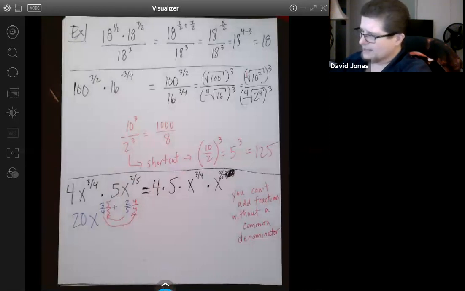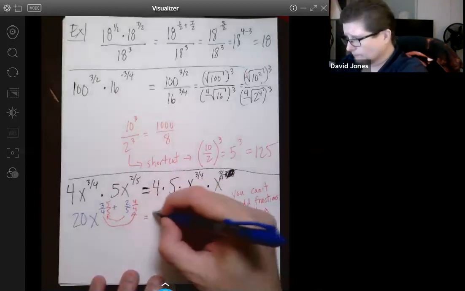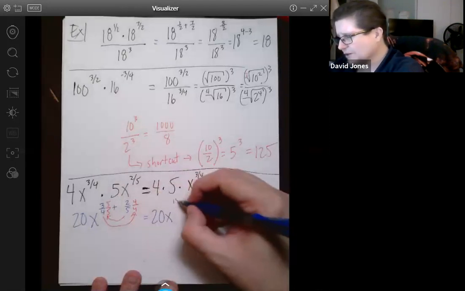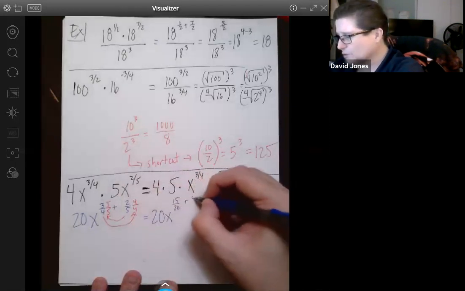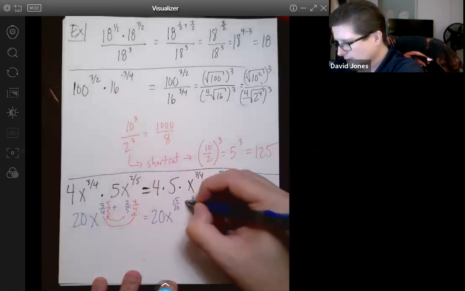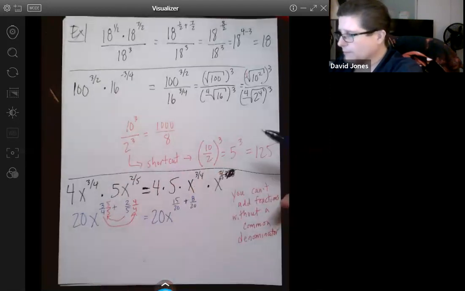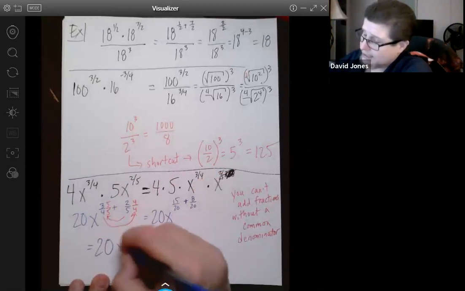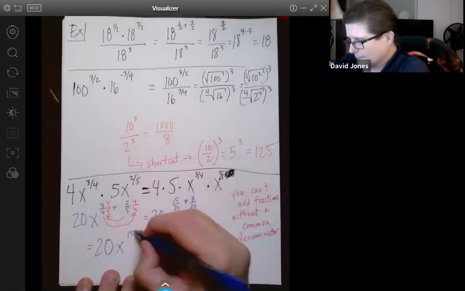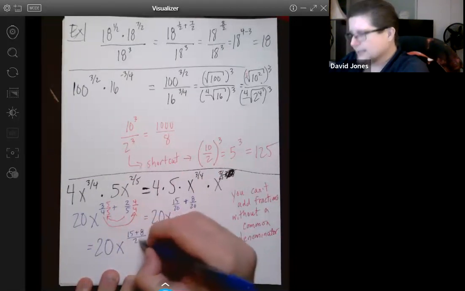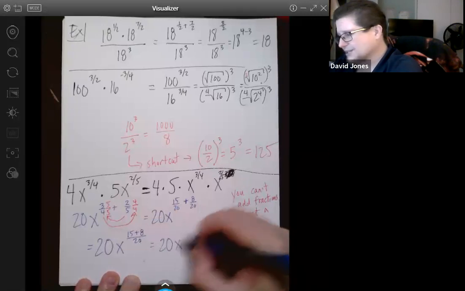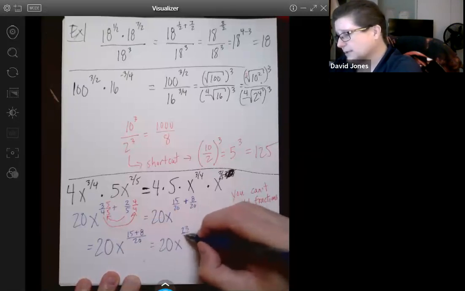And if I do that, I now have 15 over 20 plus 8 over 20, because when you multiply numerators and denominators separately. And now I can add them. 20x to the 15 plus 8 over 20 is 20x to the 23 over 20.